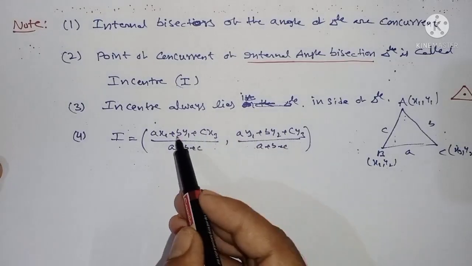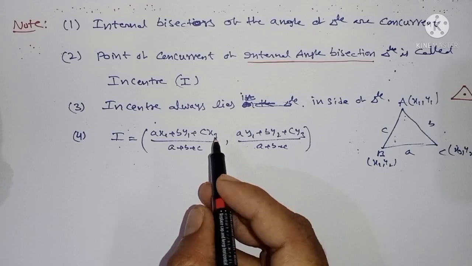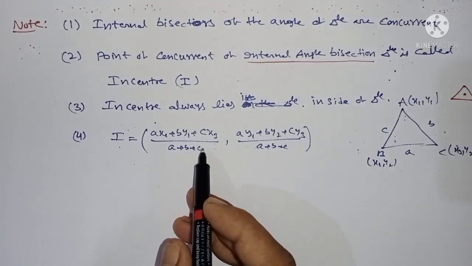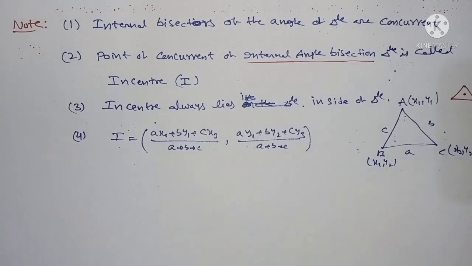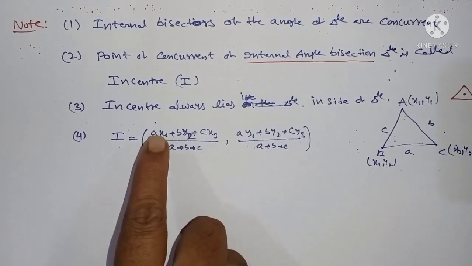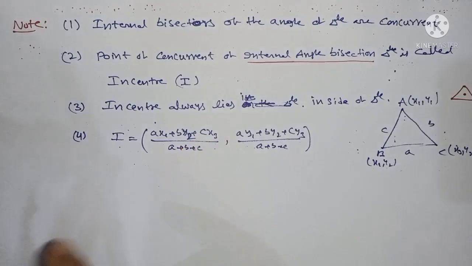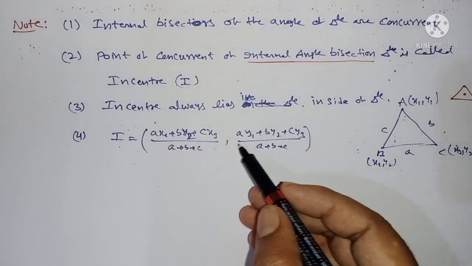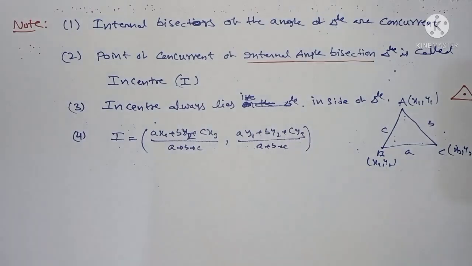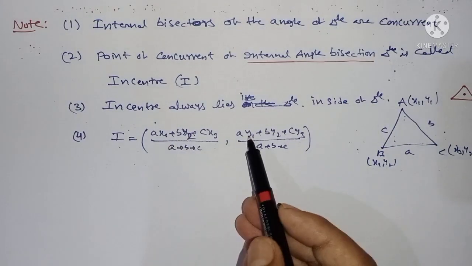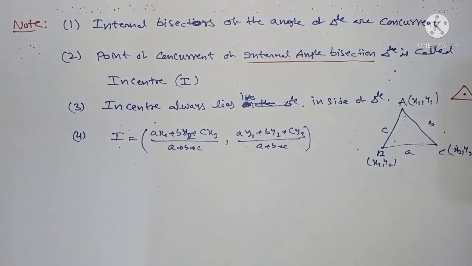What are x1 y1, x2 y2 and x3 y3? These are the vertices of the triangle.